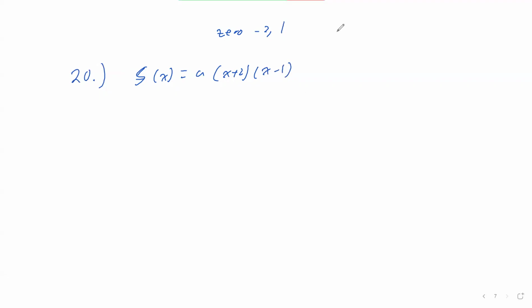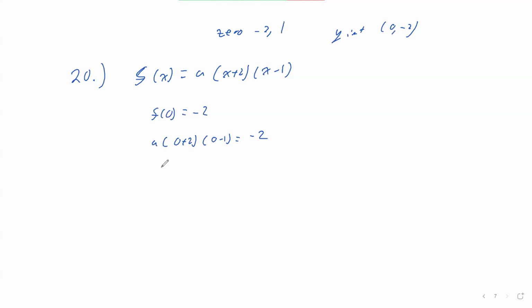And then we're given the y-intercept as well, (0, -2). So we use that first fact: f of 0 equals -2. Now I want to plug in 0 for x. That means a times 0 plus 2 times 0 minus 1 has to equal -2.